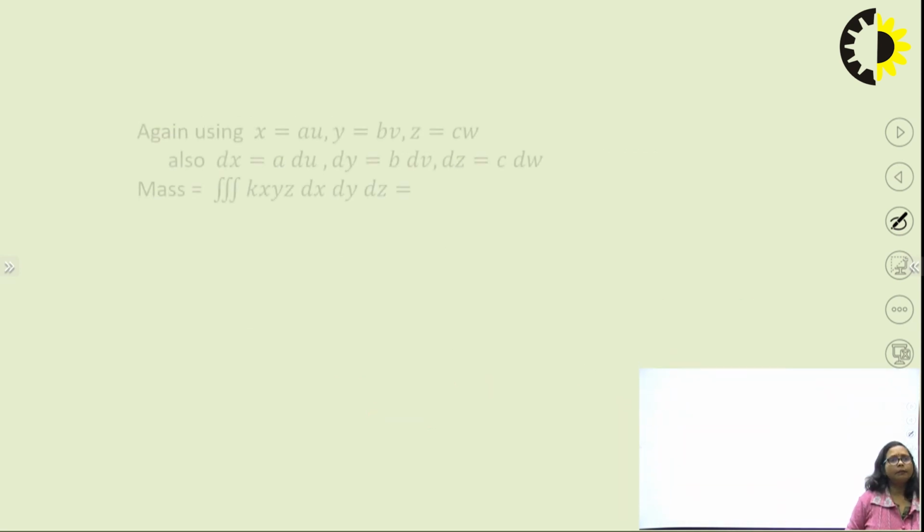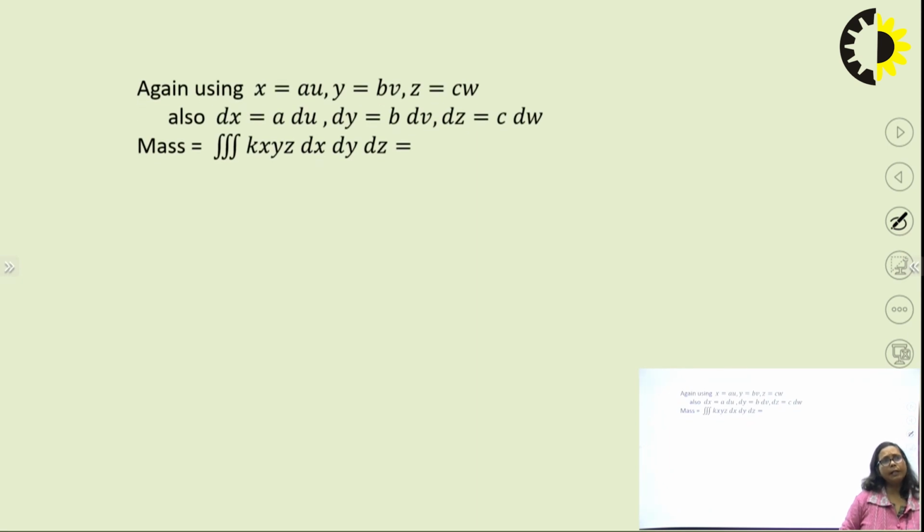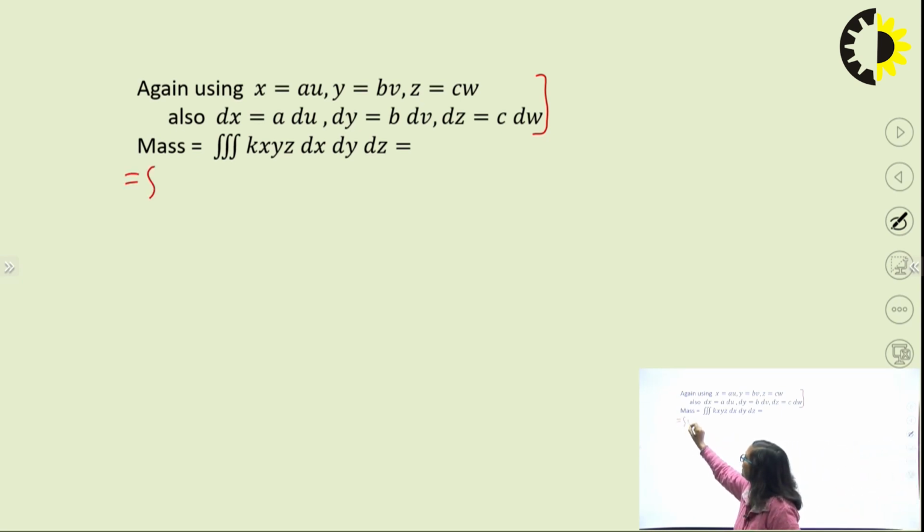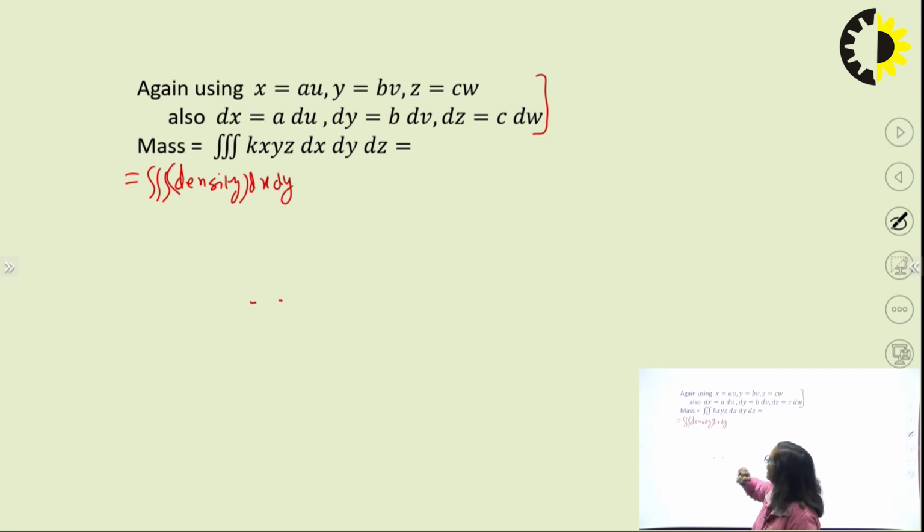Coming to the second part, in the next part we need to find out the value of the mass. So again we are using the same values for x, y, z, dx, dy, dz which we have taken initially, and the mass, we know that it's the triple integral of density into dx, dy, dz, and this density value is given to us as kxyz.